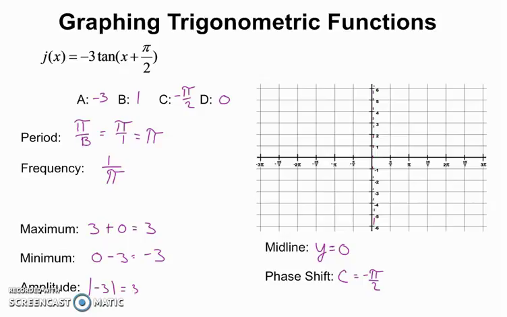And then our period is pi, so that means that we go a pi unit away from the 0 in each direction, and we continue that pattern. And I continue to move pi units over.